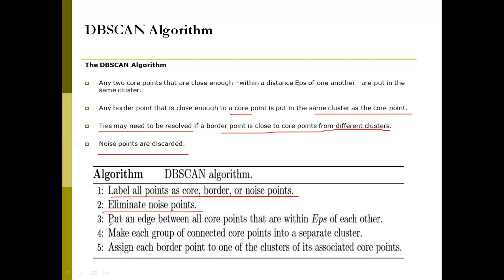Coming to step 3, put an edge between all core points that are within the epsilon range of each other. Okay, you need to draw an arbitrary shape or circle, I mean, using an edge between the center point with epsilon distance, right?